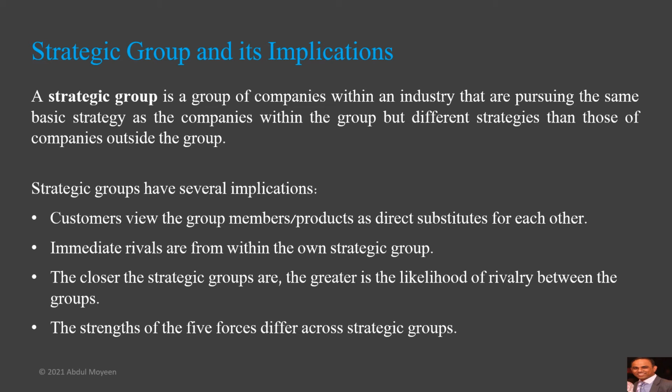For example, Mercedes competes with BMW more than with Toyota, Honda and Nissan, because these two groups of companies differ. Mercedes, BMW and Volvo probably belong to one strategic group in terms of their strategy, which is mostly differentiation, quality and high price, whereas Toyota, Honda and Nissan follow a strategy more like a hybrid or a cost leadership strategy.